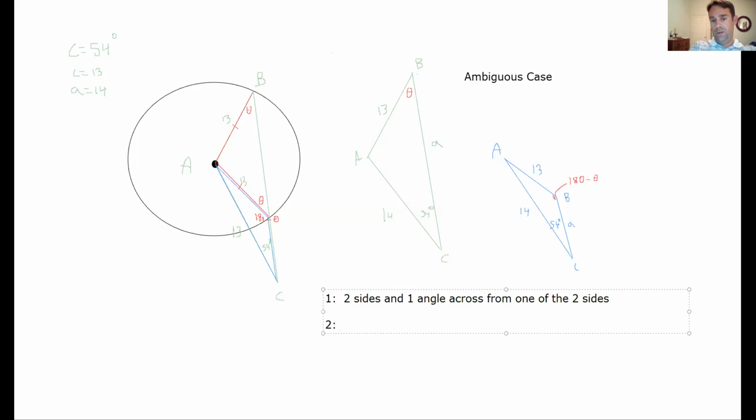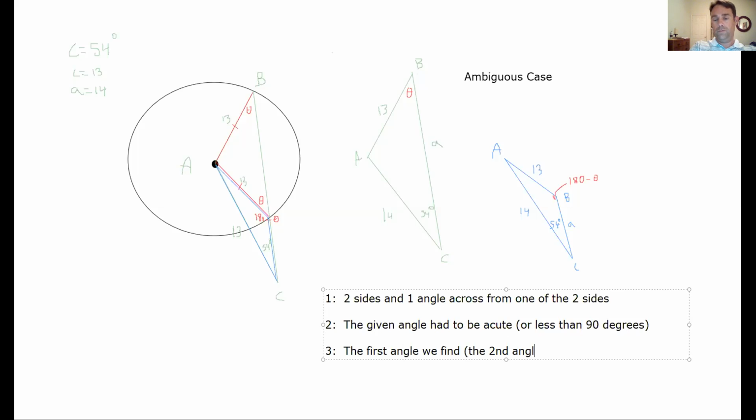The next thing, the given angle had to be acute, or less than 90. And the third thing, the first angle we find, which is the second angle, also had to be acute. And friends, if this perfect storm of things happens, then all of a sudden we have the ambiguous case. We have two triangles that are being described.